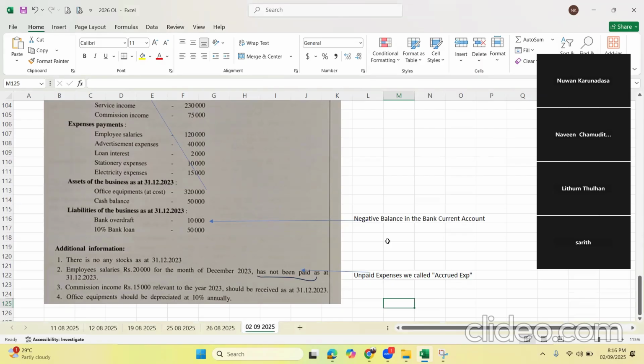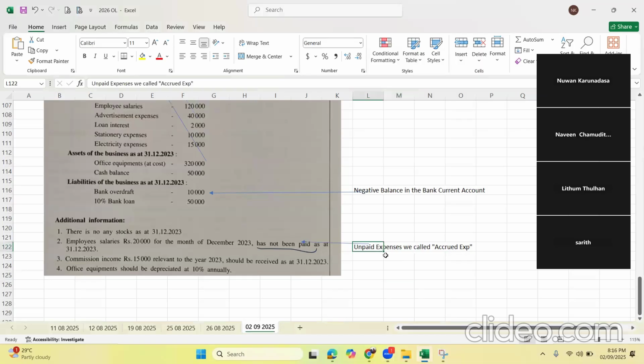Unpaid expenses we call accrued expenses. Remember, this is very important, high level of summaries we are learning.